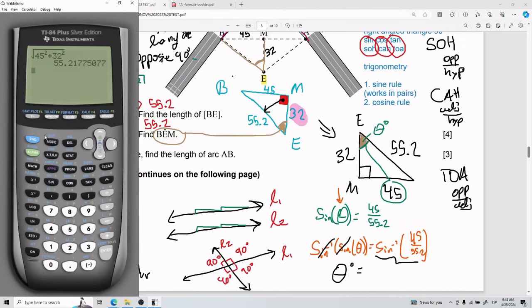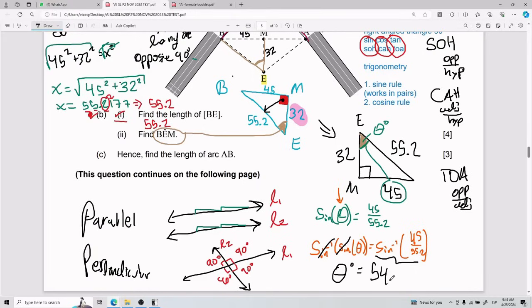Make sure that your calculator is in degrees mode. So again, I pressed mode, went to degrees, and here, sine inverse of this gives me this value here. So angle BEM is 54.60 degrees.